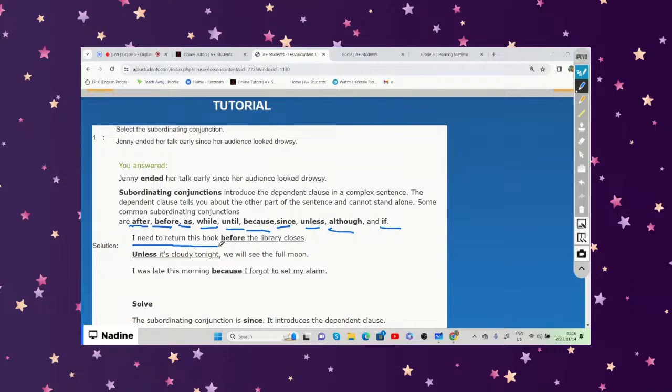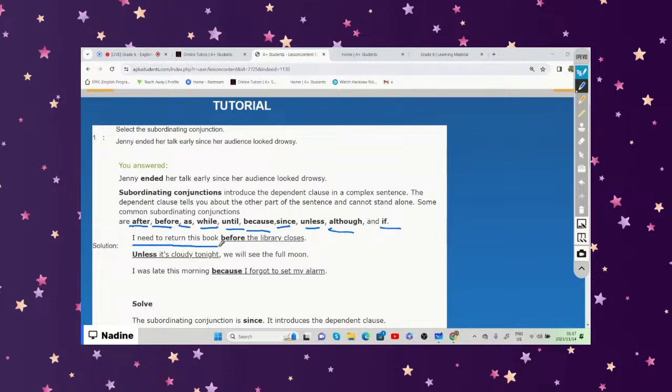And then it also says, unless it's cloudy tonight, we will see the full moon. So if you look at the words we will see the full moon, that is a clause that can stand on its own, right?